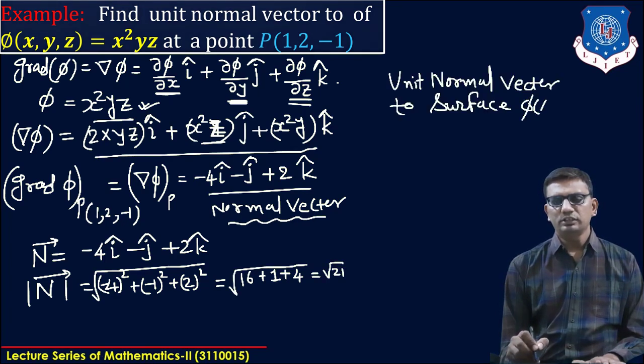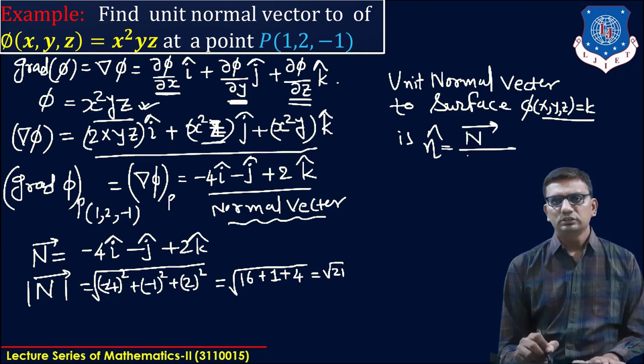Now the unit normal vector to a surface phi of xyz equal to k is n caret equal to n bar upon norm of n bar.